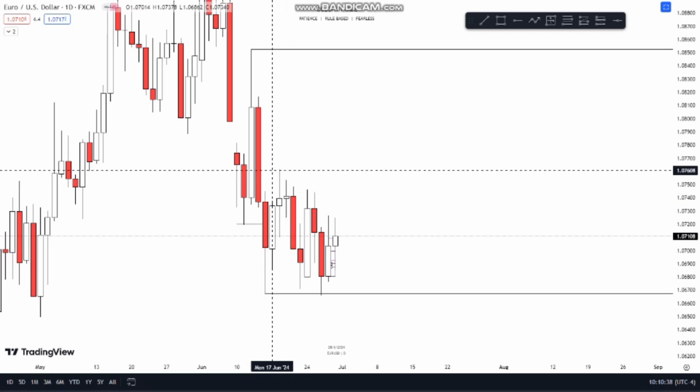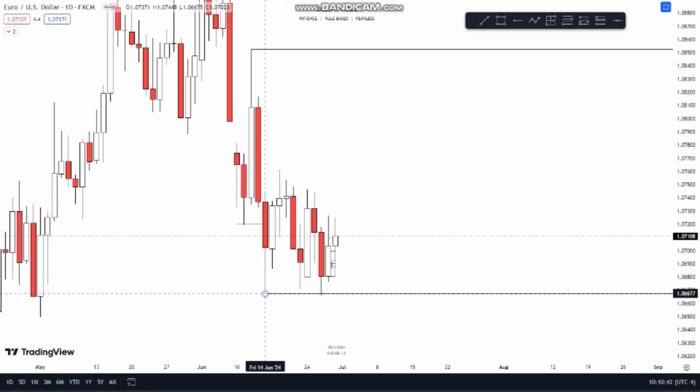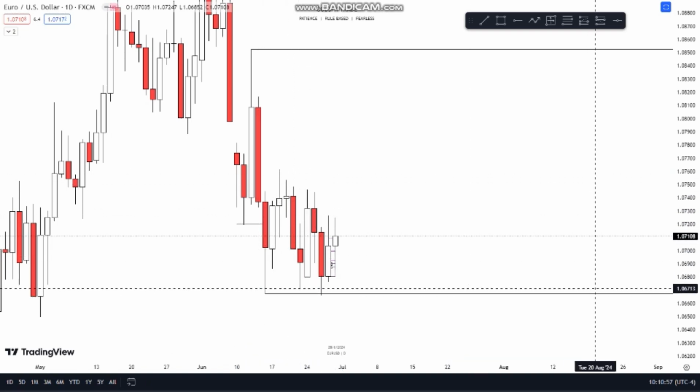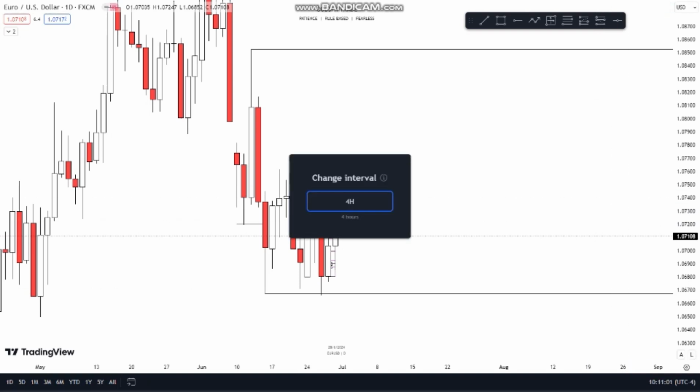After that retracement is made, what price will be targeting is that previous low. That's external liquidity. And as you can see, after that retracement, price went down and swiped that previous low.